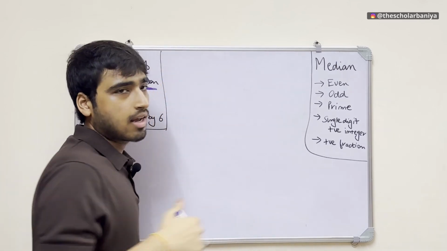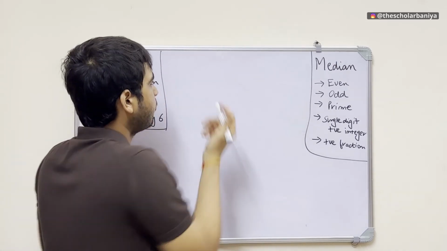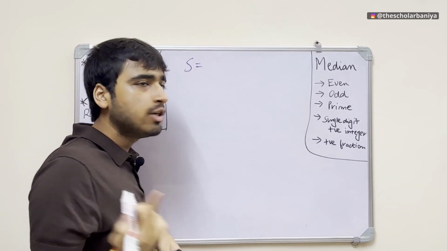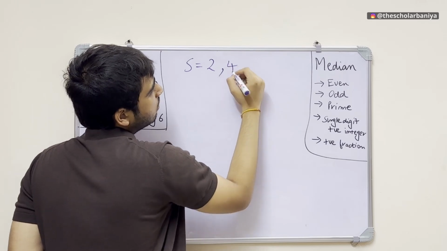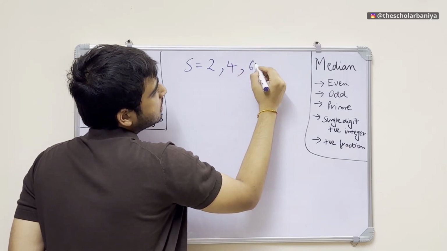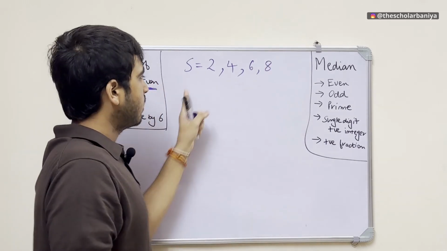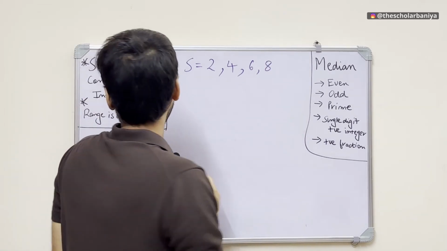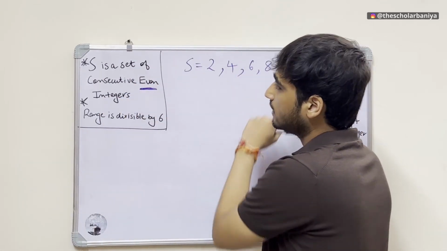So let's assume, for example, the first even integer can be 2: S is 2, 4, 6, 8.